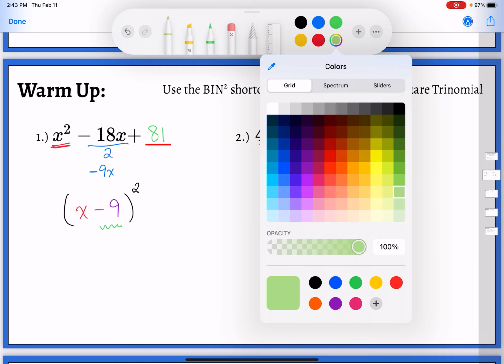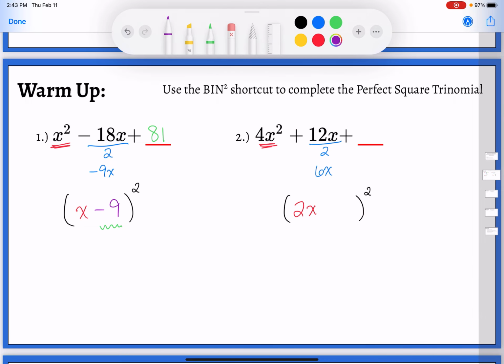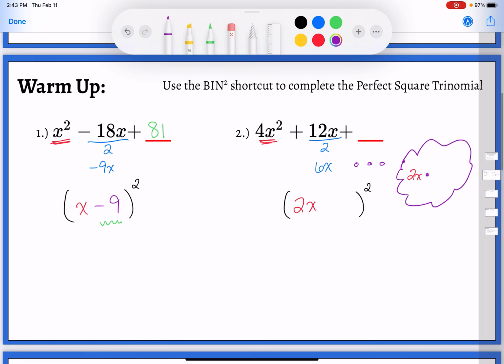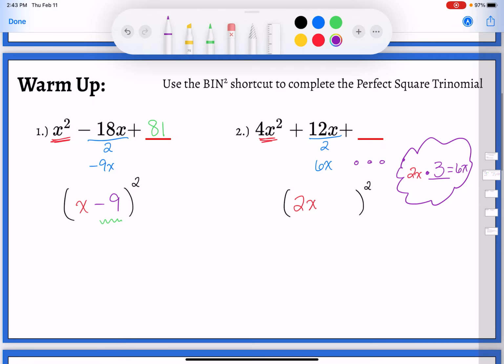Since 6x is a times b, you're thinking 2x times what equals 6x. 2x times 3 equals 6x. So this has to be positive 3 as my second number in my parentheses.